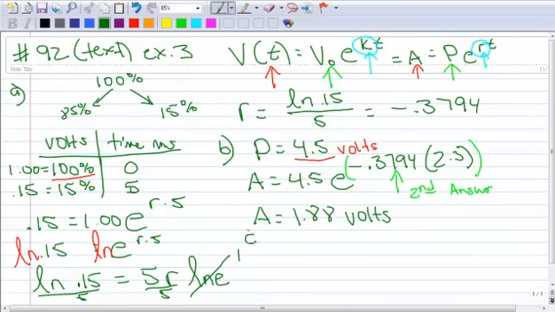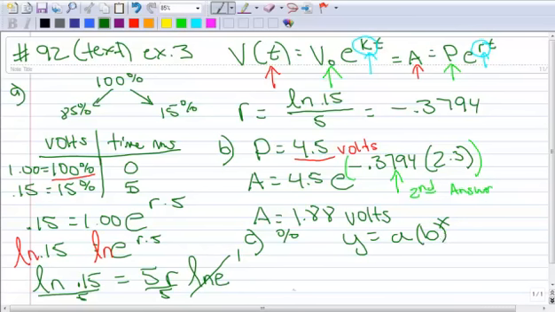All right, so now we need to do part C. Part C is a little different. Part C says by what percent does the voltage decrease each millisecond? If you think back to before we did continuous growth and decay, we had exponential growth and decay. So B is my rate of growth or decay.